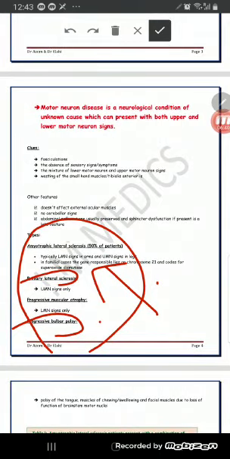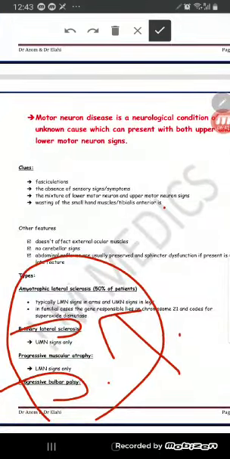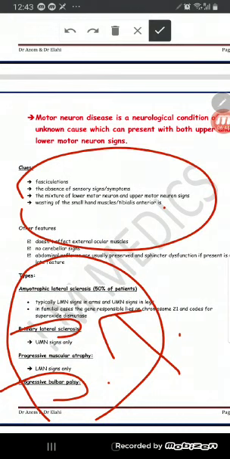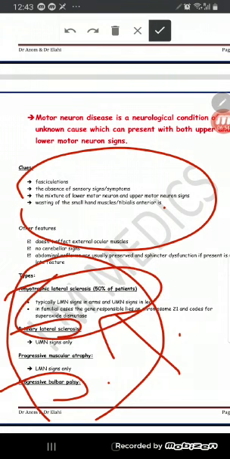motor neuron disease. So as you can see here, important are the clues here. In the exam, the most likely thing they'll ask you is this one here, where the patient has a mixture of upper and lower motor neuron lesion. So the patient is going to have fasciculation. So fasciculation falls under what?